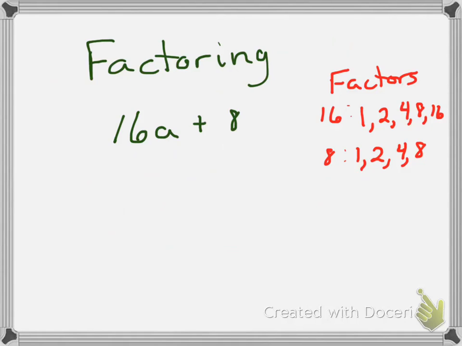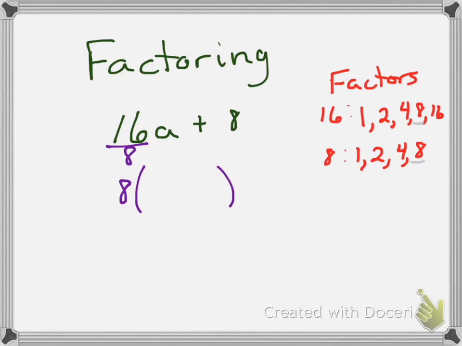Which factor do you see that they have in common? Hopefully you notice the 8s. So with that, that means I'm going to put an 8 on the outside of my parentheses. Since I put an 8 on the outside of my parentheses, I'm now taking 8 out of every number in this problem.